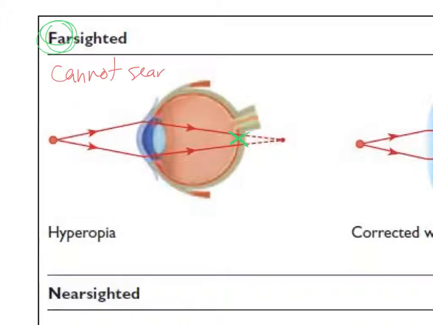Now, the light rays focus too far from the actual lens. So what do you need instead to fix this?